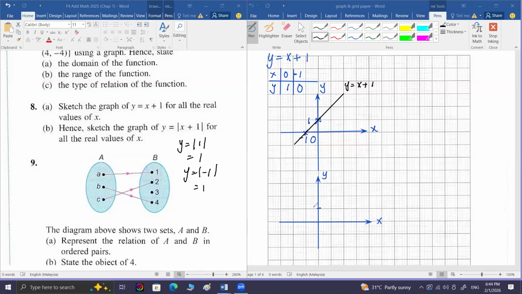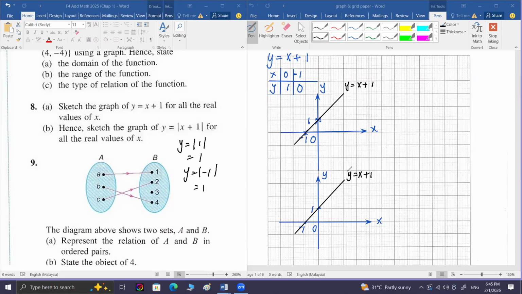So just now this is 1, 0, -1, right? Okay, I re-sketch this one to show you. So just now we got this value, right? This is y is x plus 1.